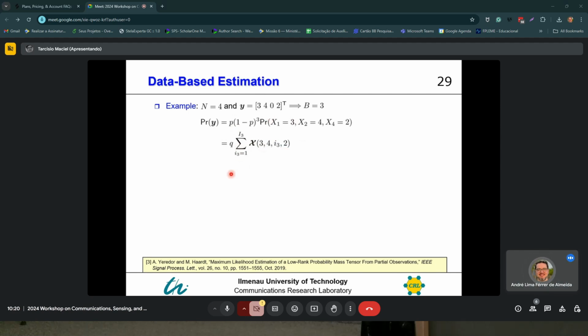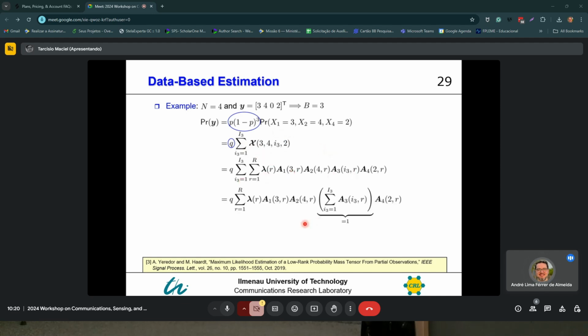So we sum from i3 equals 1 to capital I3, and express this x tensor in terms of the joint PMF. And then, of course, we can sum over the columns of A3. So this is 1. And we have the PMF of the CPD of the remaining three random variables.